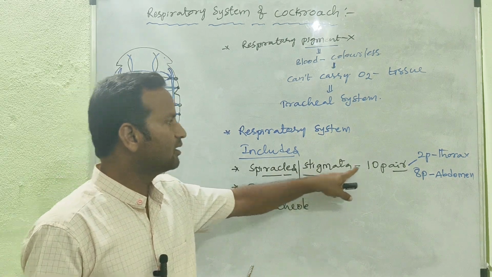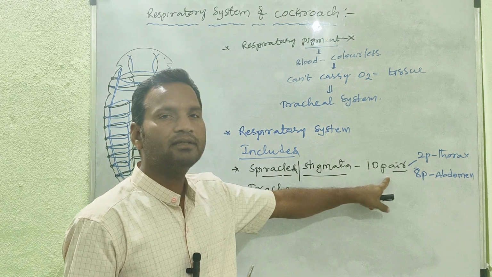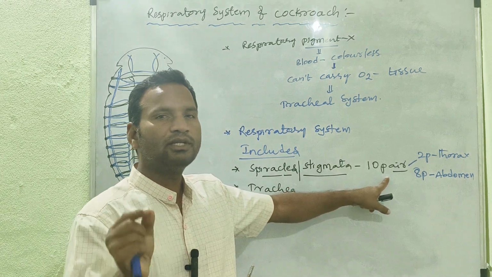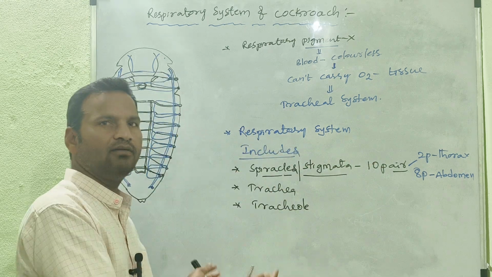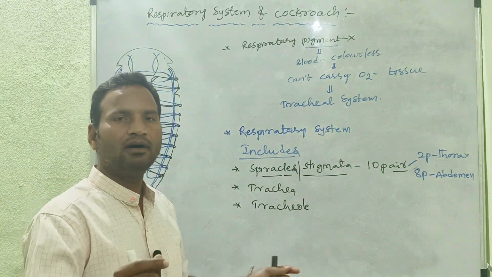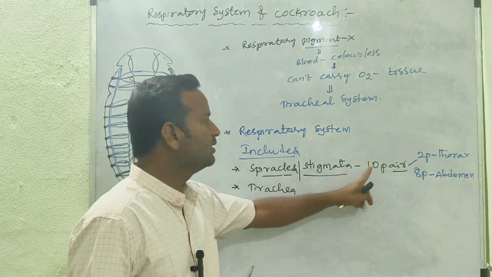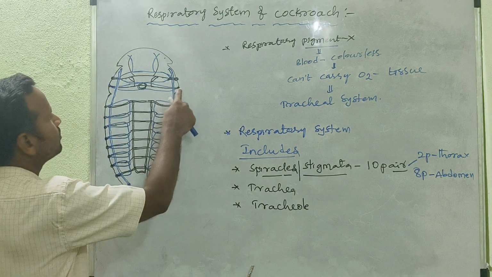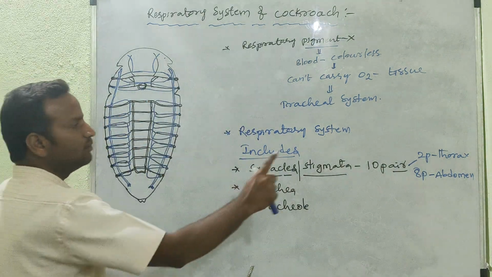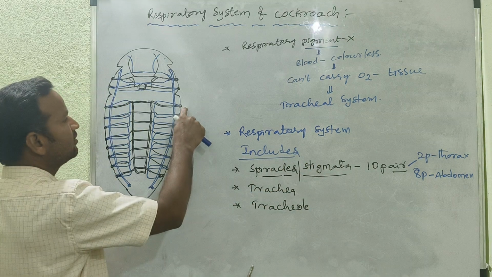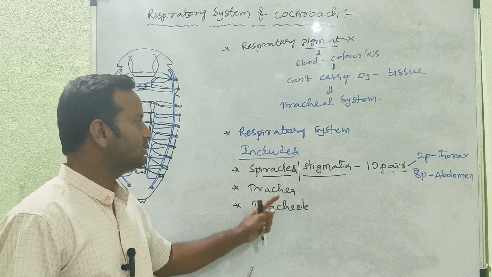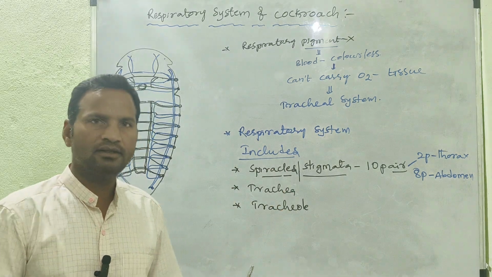The location of the spiracles is the lateral wall of the body. Out of 10, 2 pairs are present in the thoracic region and the remaining 8 pairs are present in the first abdominal segments.